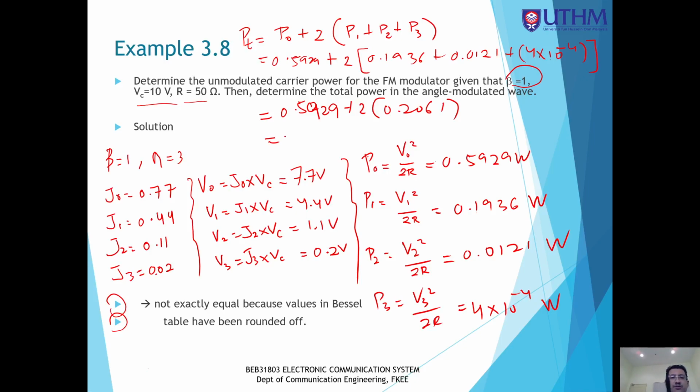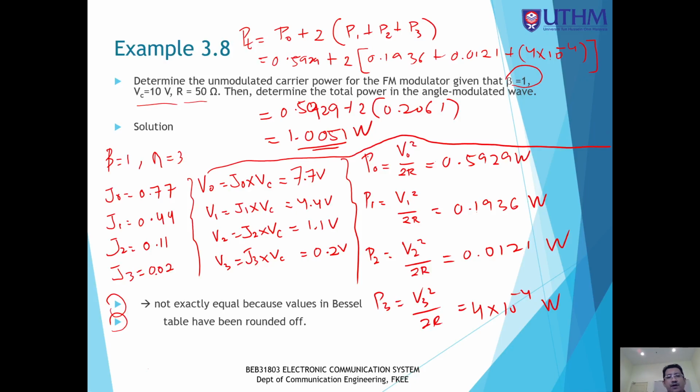So this is supposed to be times 2, plus 0.5929. So you will get 1.0051. Okay. So this is total power using the full equations.